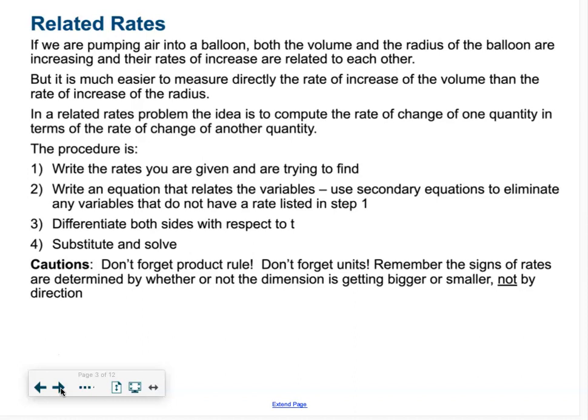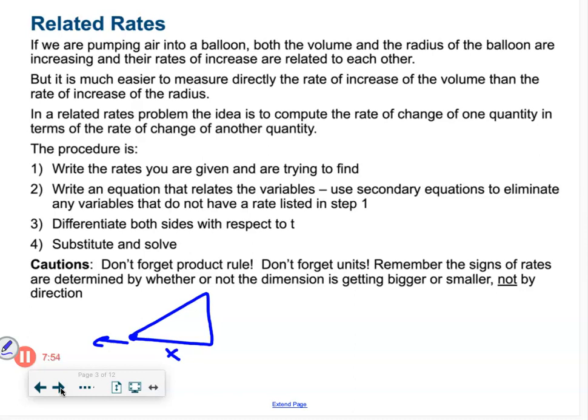Last one, remember the signs of the rates are determined by whether the dimension is getting bigger or smaller, not by the direction that it's going in. If you draw your triangle this way and say that's your x, and x is getting bigger, so this point is moving in this direction, don't say dx/dt is negative because it's moving to the left.